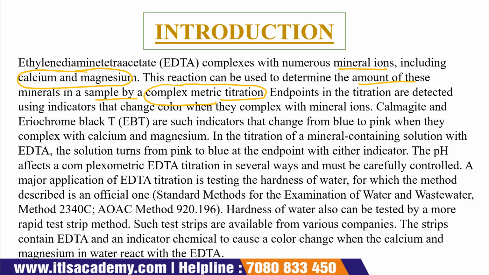Now the endpoint of the titration will decide which type of indicator we use and which type of minerals are present, and according to them the colors change. Calmagite and Eriochrome Black T, also called EBT, are indicators which turn from blue to pink, and this is known as the endpoint, which indicates that they have complexed with calcium and magnesium.